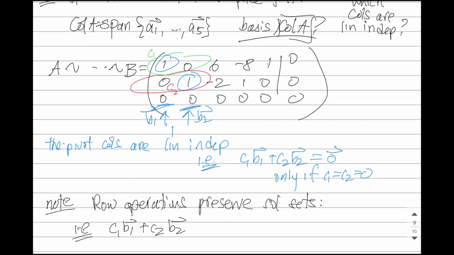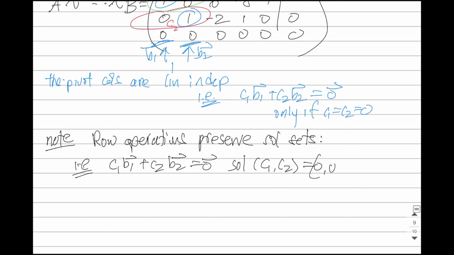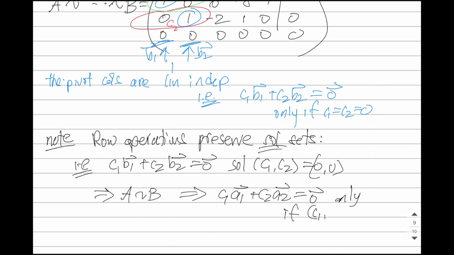If c1 B1 plus c2 B2 equals 0 has the solution c1, c2 equals 0, 0, that means, because A and B are row equivalent, c1 A1 plus c2 A2 equals 0 only for the same answers. It preserves the same solution set. c1, c2 is 0, 0.